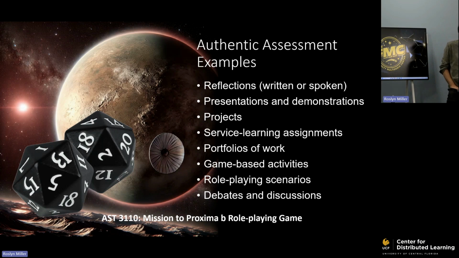An example that I use is in my solar system astronomy class. After we've gone through the majority of the course and covered the majority of the course level learning objectives, we do a role-playing game where there are a bunch of scientists that are principal investigators on a spacecraft.